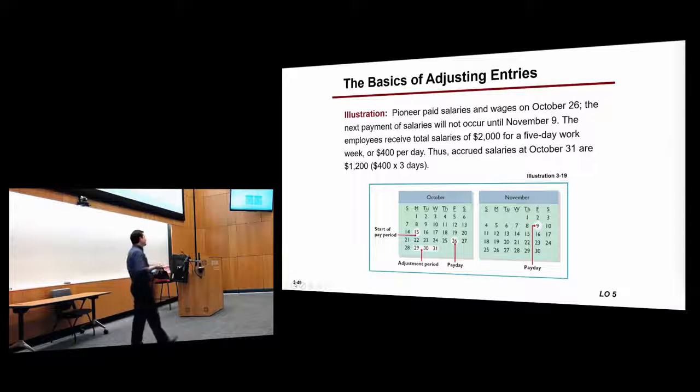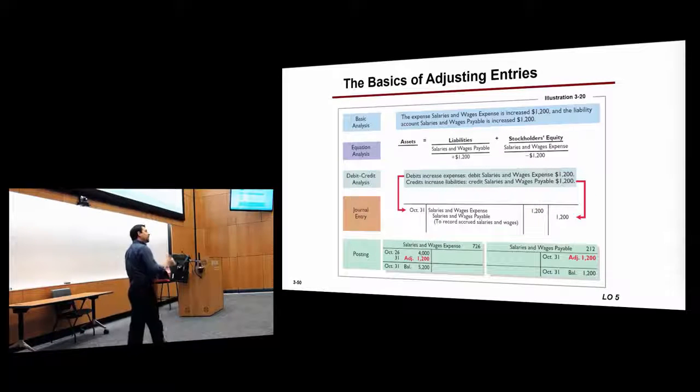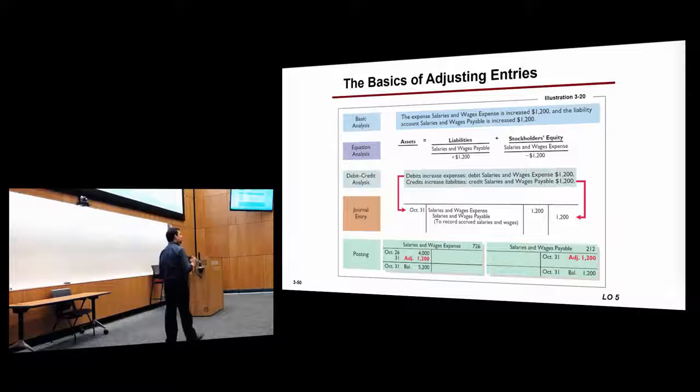You debit salaries expense, and you credit the liability, salaries and wages payable. The thing here is that the company recognizes the expense without paying it. They have a new obligation, called salaries and wages payable, for the value of $1,200. Any questions? Okay.